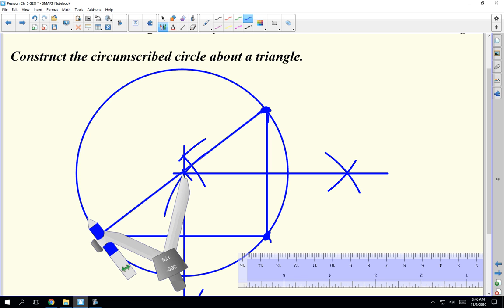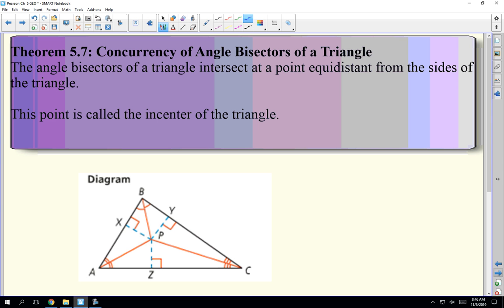All right. So we're going to do the same thing with the angle bisectors. The angle bisectors in a triangle intersect at a point equidistant from the sides of the triangle. So say the sides of the triangle represented paths or trails or roads, then this would be the center.